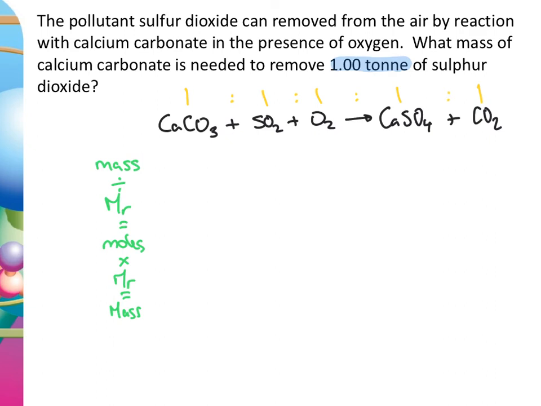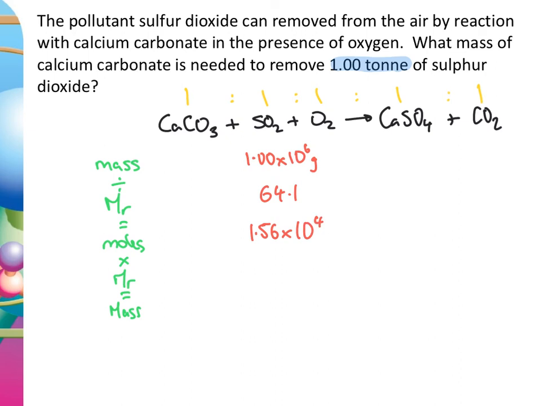Notice the precision. It's 1.00 tonnes, so I'm going to have 1.00 times 10 to the 6 grams of sulfur dioxide. And then the MR of sulfur dioxide is 64.1, which means that the number of moles is 1.56 times 10 to the 4.